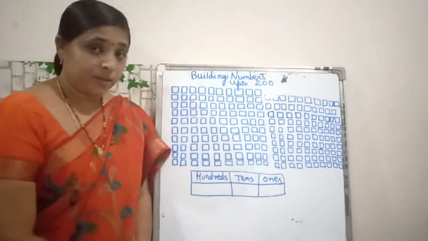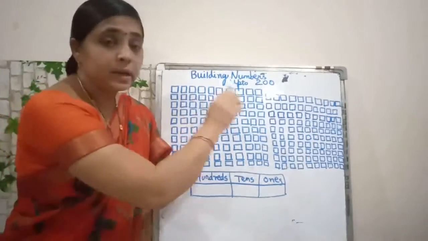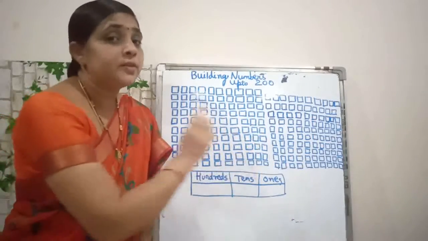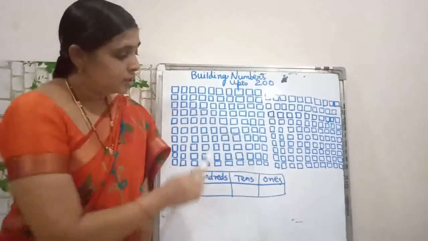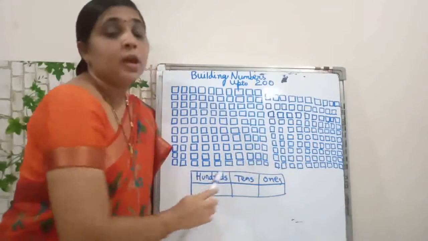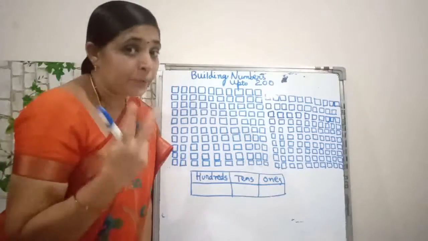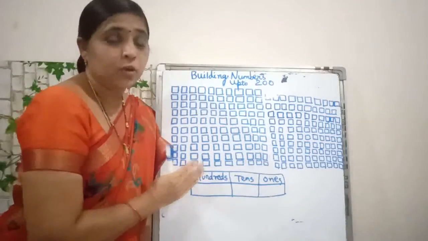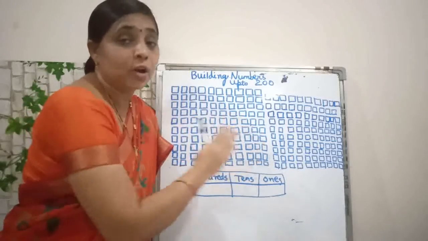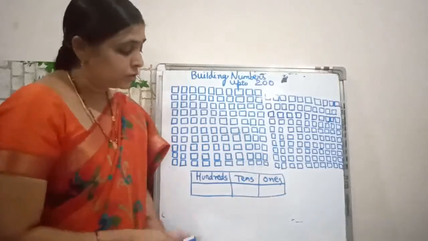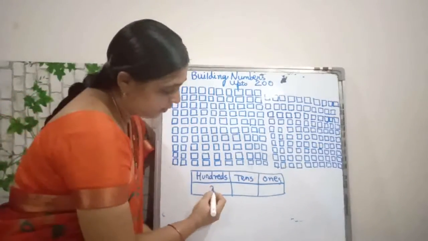Now see how many grids are there? 2 grids are there. One grid has 100 blocks. Likewise, 2 grids are there. This grid has 100 blocks. This grid has 100 blocks. So how many grids? 2 grids. That means 200. How many hundreds are there? 200. So what will you write? 2 in hundreds place.